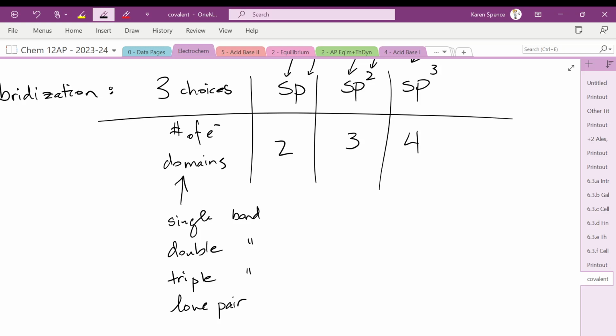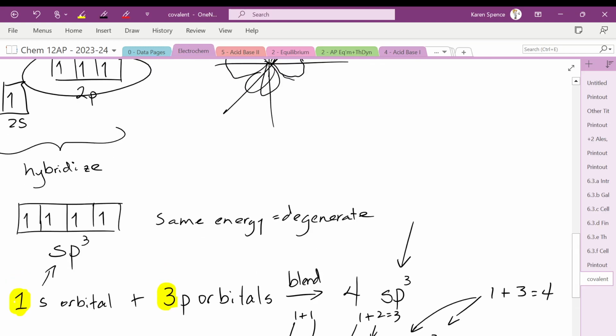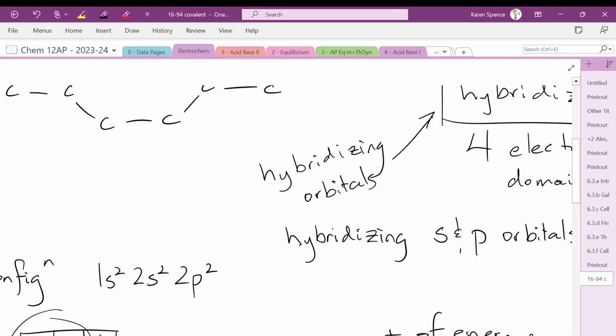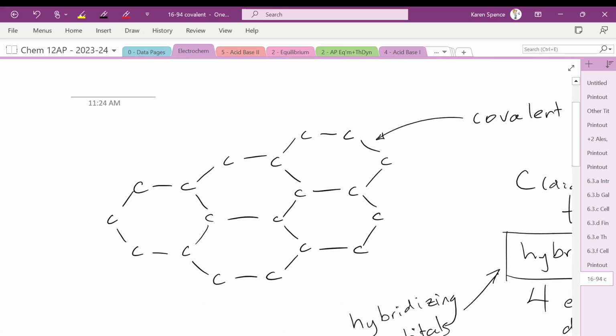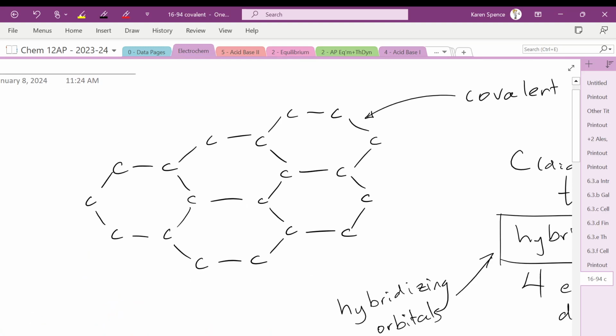So, going back to graphite, I'll give you a second to finish with this, but let's go take a look at graphite and figure out why graphite can actually conduct electricity. Oh, here it is. Now tell me what is wrong with this diagram at this point. What is missing?